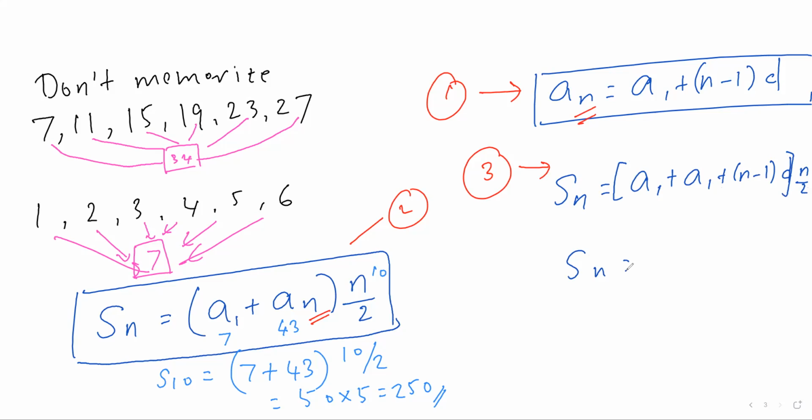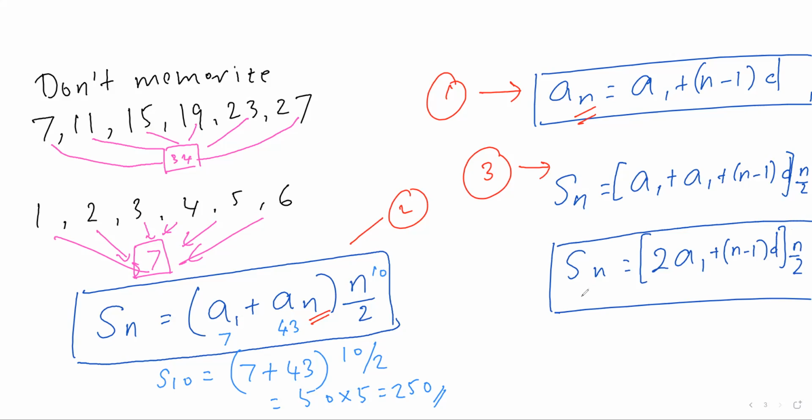Therefore, Sn is equal to 2a plus n minus 1 times d, multiplied by n over 2. That's your third equation.